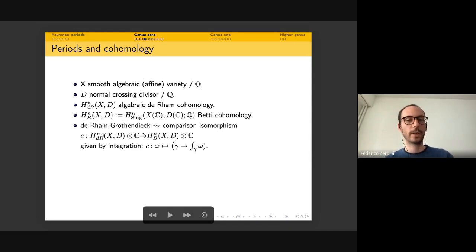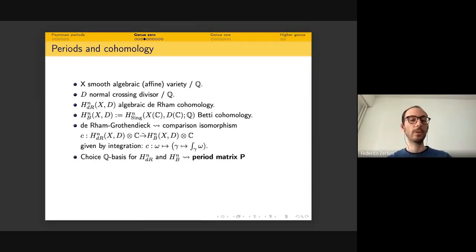So this gives you a comparison isomorphism between the de Rham cohomology tensor C and the Betti cohomology tensor C. And if you choose Q bases for de Rham and Betti cohomology, then you have a matrix representing the isomorphism, which is called the period matrix, P. And the entries of this matrix will be just integrals of this kind, so integrals of algebraic forms.